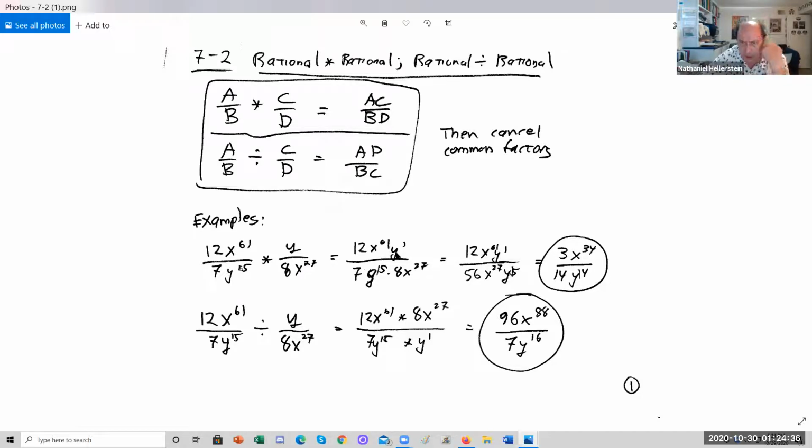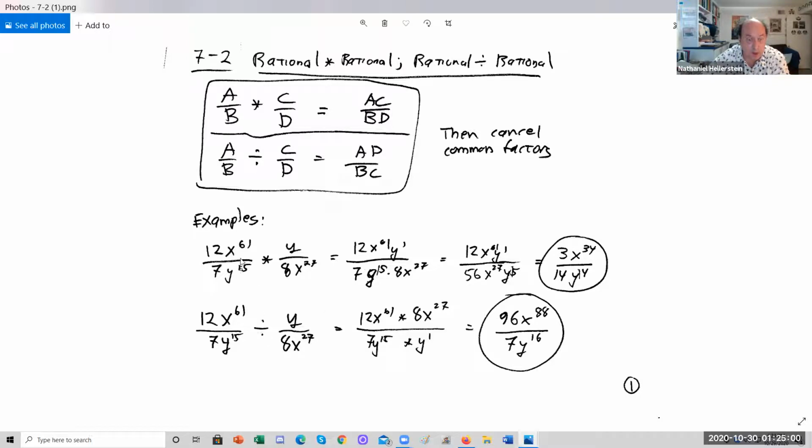Much the same stuff going on. And then 12/56 reduces to 3/14. X to the 61 minus 27 makes a positive 34, so an x to the 34th in the numerator. 1 minus 15 is a negative 14, so you put y to the 14th in the denominator. 3x to the 34 over 14y to the 14th.